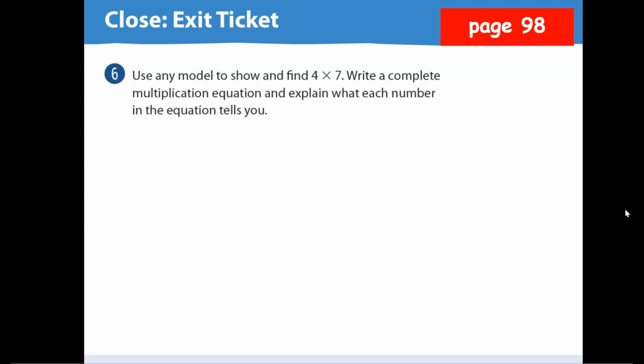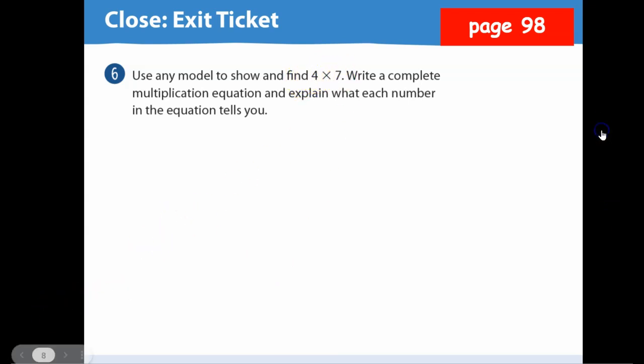We made them into groups, right? Equal groups. So you could create a rectangle with square tiles, you could use an array, or you could use equal groups. Use whichever model you feel comfortable with.